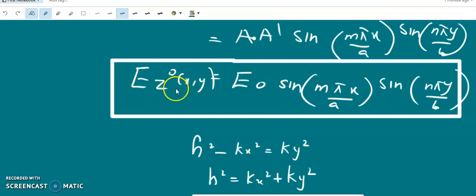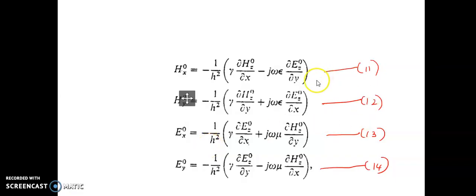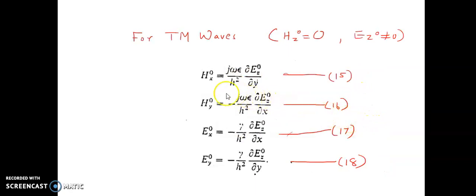So knowing Ez0, we can find out Ex0, Ey0, Hx0 and Hy0 using these equations. But we know that for TM mode, Hz0 is 0, and therefore equations 11, 12, 13 and 14 reduce to equation numbers 15, 16, 17 and 18.